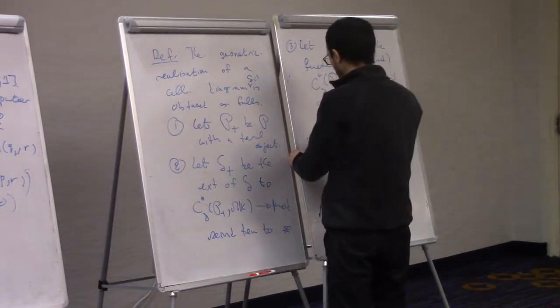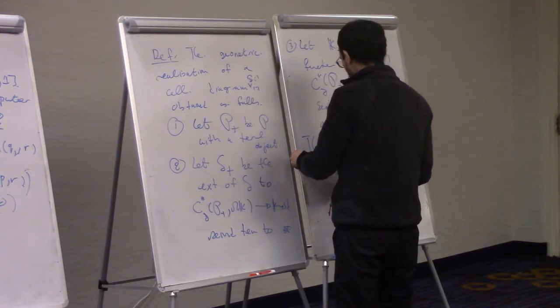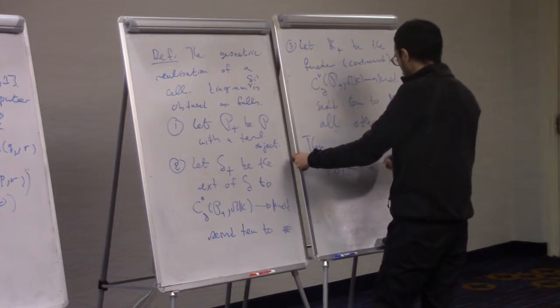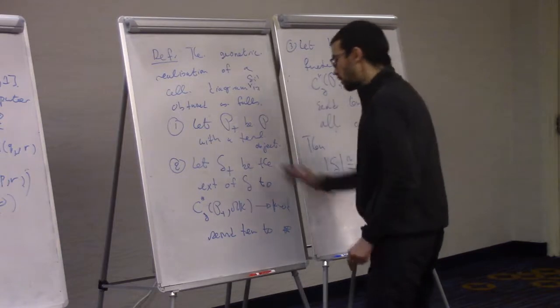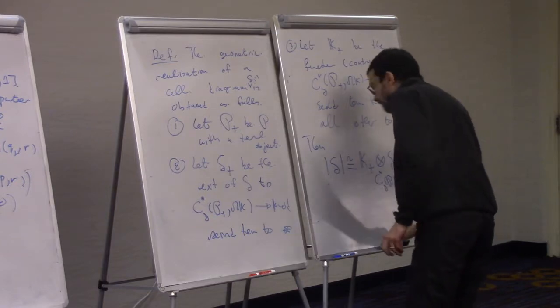Then you define this geometric realization, which is basically the Floer chains, to be the tensor product of these two modules over this category. So this is kind of a crazy definition.